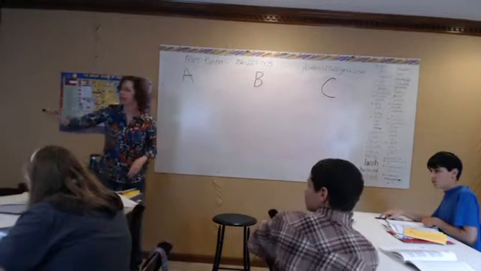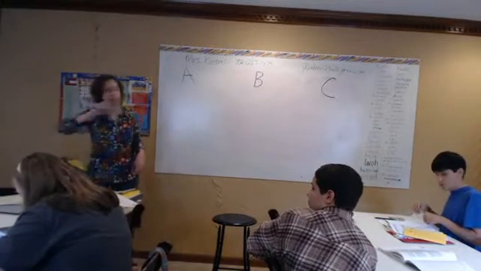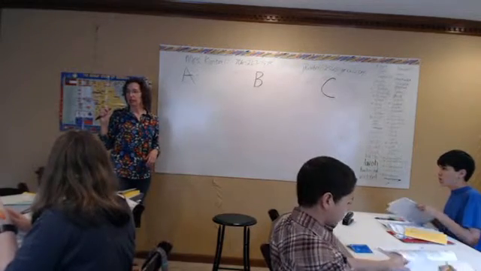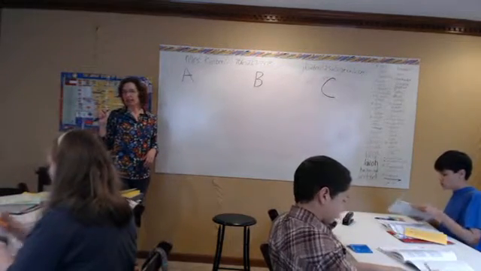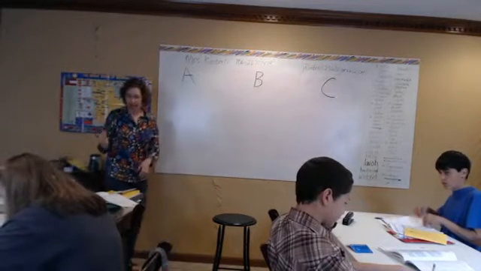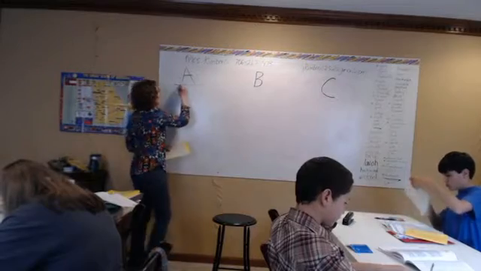See how she's got A, B, and then she put C over there. It doesn't matter, just put it wherever you can see it, because I want y'all to leave room to write, okay?